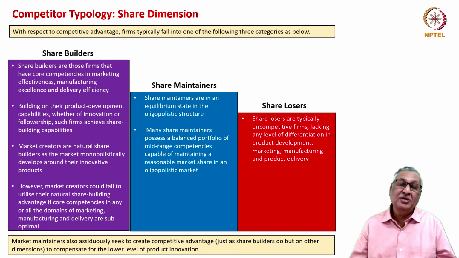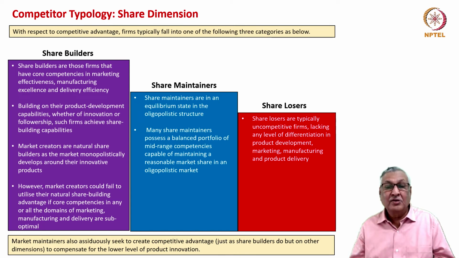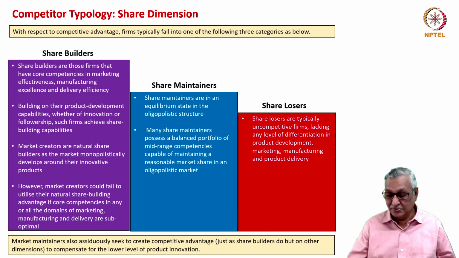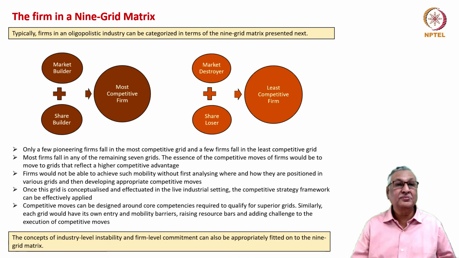In the case of share builders, the level of product innovation drives a natural advantage in share building, whereas share maintainers, for want of such product innovation, do extraordinary marketing to compensate for the lack of product innovation and gain market share vis-a-vis the share builders. In this process, eventually they end up stabilizing their market share rather than improving it over share builders. That is the situation there.